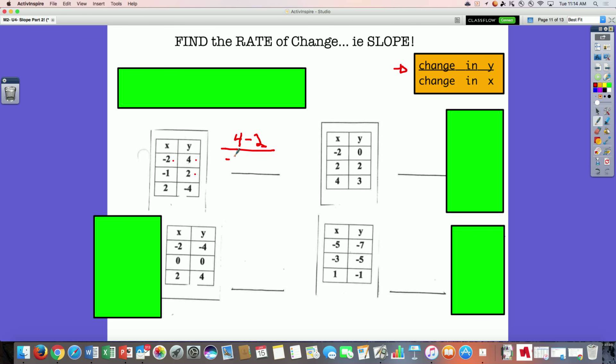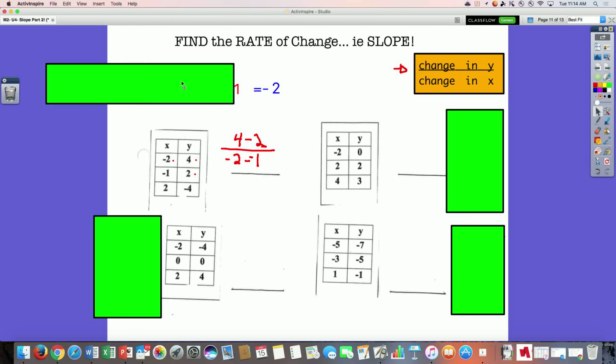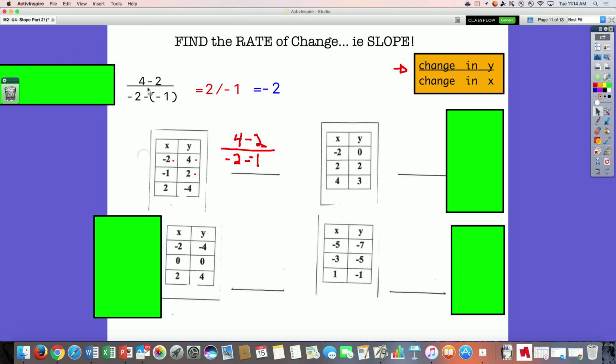And I got to start wherever I start, the same starting point. Don't get confused when they're negative numbers, right? -2 minus a -1. Change in y, change in x. And you solve that problem. I got 4 minus 2, -2 minus -1, which gives me 2 over -1, right? 2 plus 1, which equals -2.